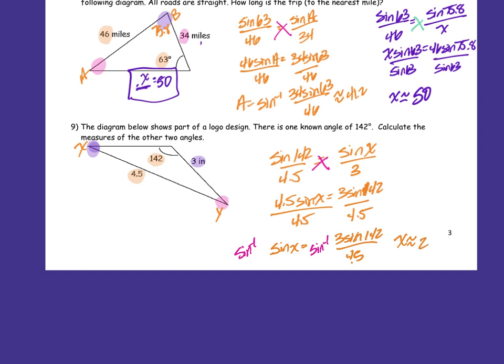So that's 24.2 degrees. So x is 24.2 degrees. And then 180 minus 142 minus 24.2, 13.8 degrees. Okay, so there's how we find that.